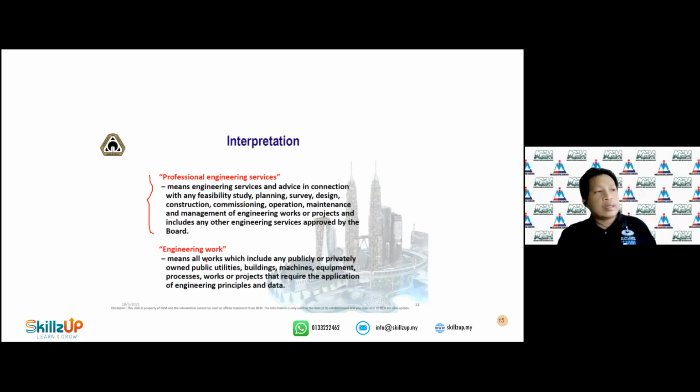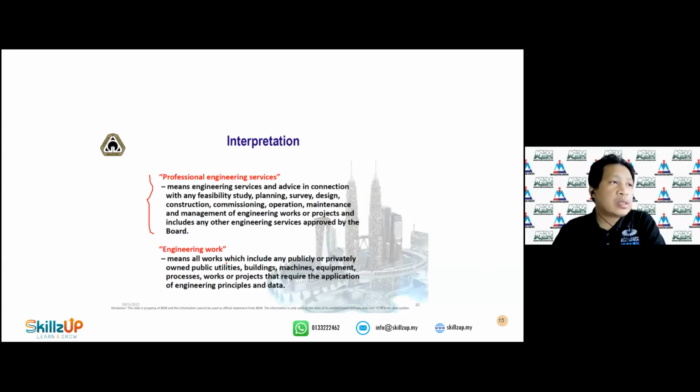On the other hand, engineering work means all works which include any publicly or privately owned public utilities, buildings, machines, equipment, project work or project that requires engineering principles and data.